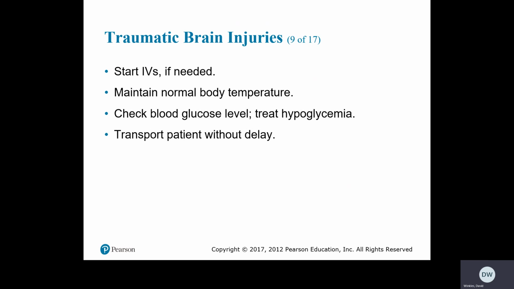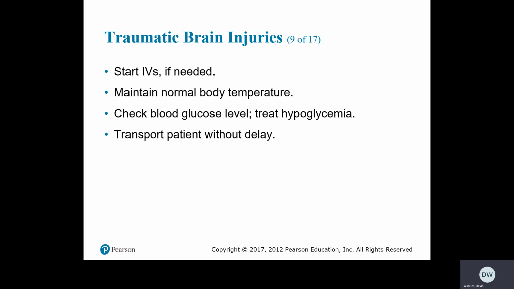We're going to start IVs. It says if needed, but I would recommend that you always have an IV with a traumatic brain injured patient. But I would not recommend that you bolus them with lots of fluid. Fluid should be used to maintain MAP and blood pressure, and to administer necessary medication.